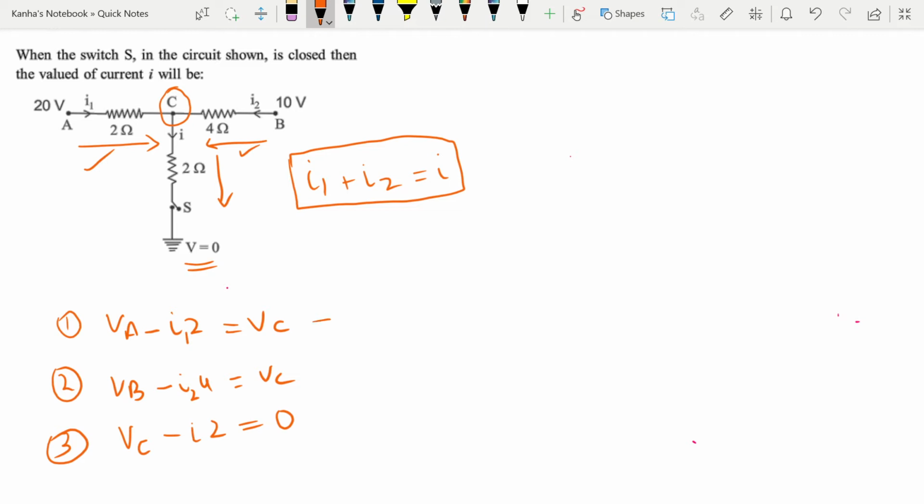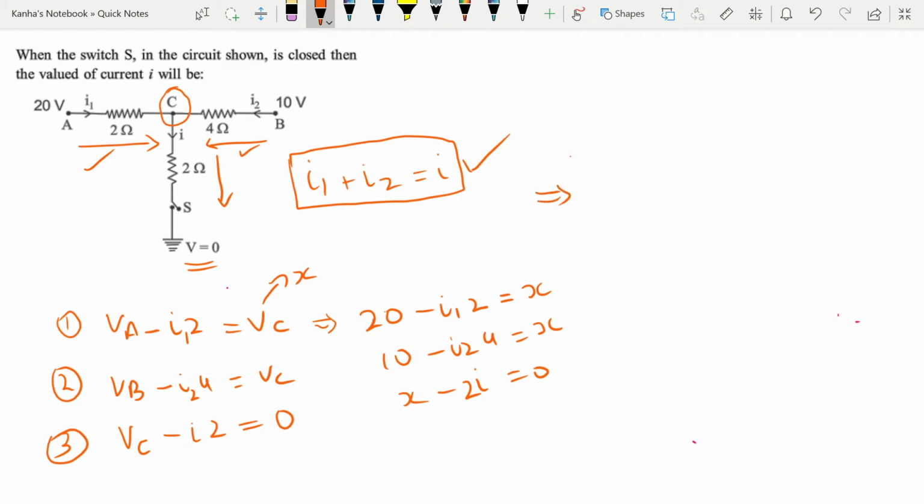Just substituting the values, this easily becomes 20 minus I1 into 2 is equal to VC. Now let's just say VC is equal to some value X. Similarly, we have 10 minus I2 into 4 is equal to X, and you have X minus I is equal to 0. Now you just use Kirchhoff's first rule and write this down.